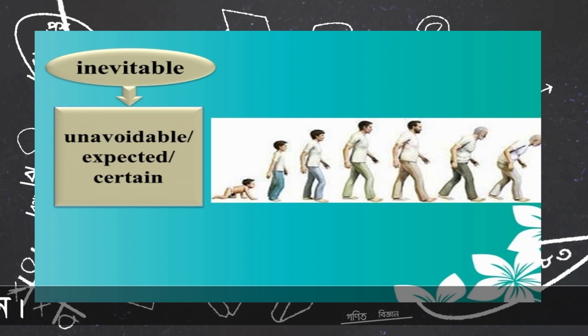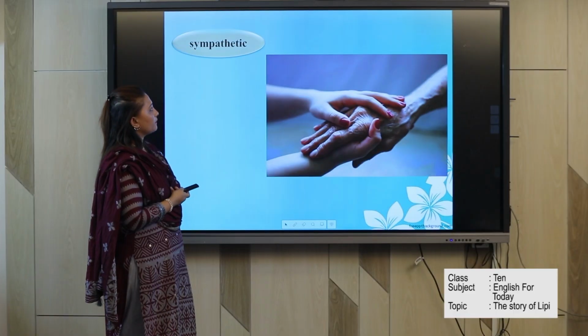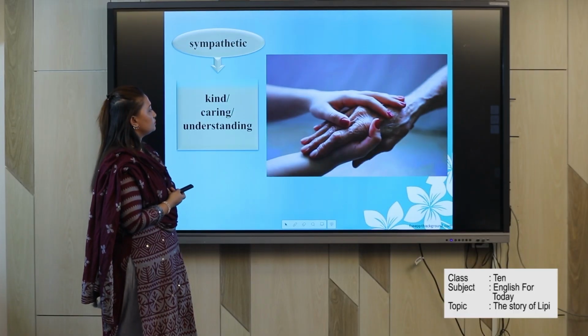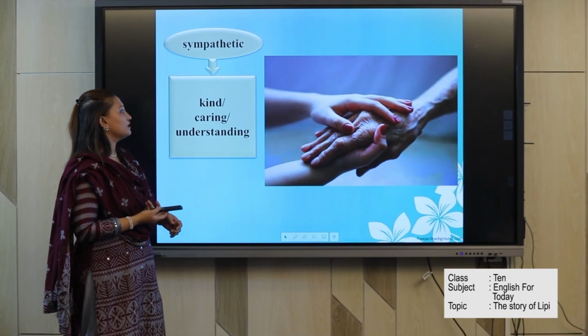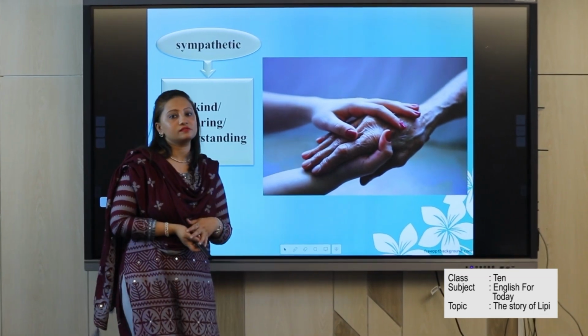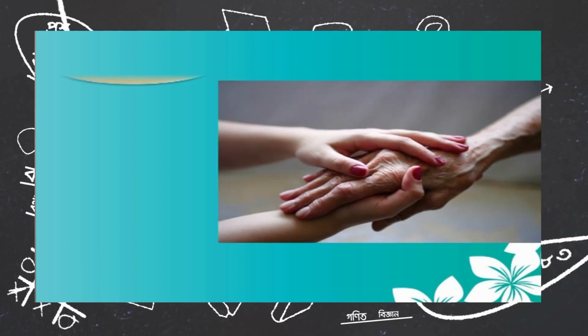Sympathetic. We are very familiar with the word sympathetic: kind, caring, understanding. So here you can see two hands together, that means one hand is consoling another hand.